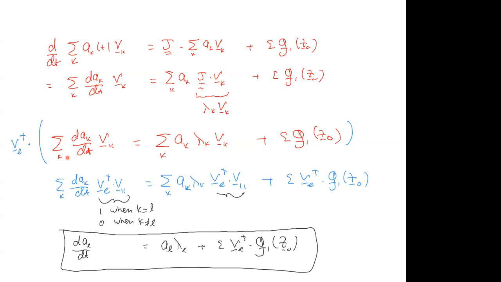I'm going to write this on the next page because it's so important: dal/dt equals lambda l al plus epsilon vl dagger dot G1 of z naught.